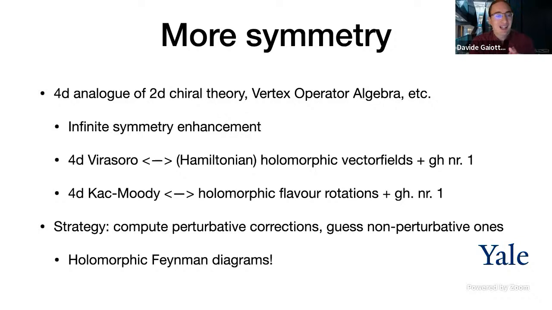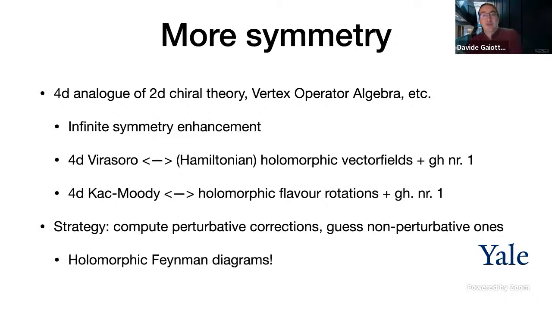And so there is a piece of the four-dimensional N=1 quantum field theories which have similar features as these two-dimensional holomorphic theories. In particular, they have infinite symmetries, infinite algebras of symmetries. So in two dimensions, you might be familiar with the notion of the Virasoro algebra, which is the algebra of holomorphic vector fields, which act by local diffeomorphisms on these holomorphic theories.